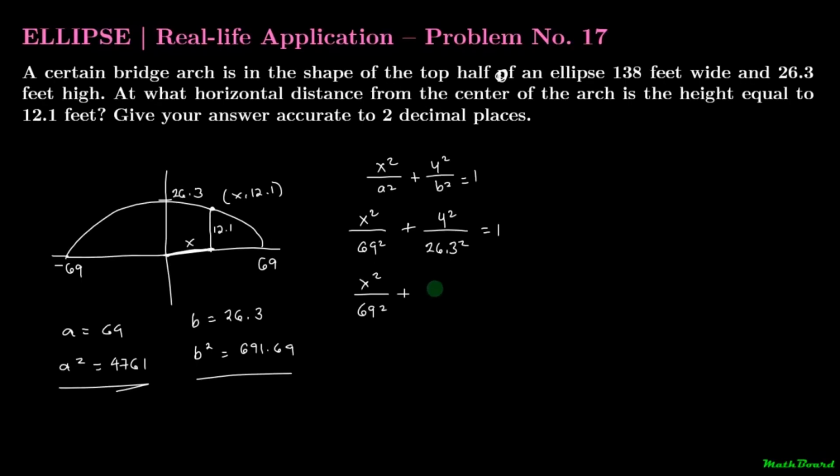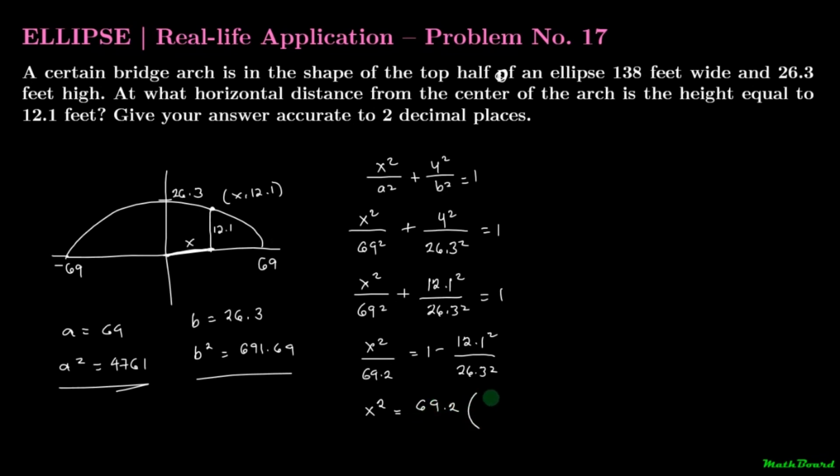Okay, so ang y natin 12.1. So, x squared over 69 squared plus 12.1 squared divided by 26.3 squared equals 1. I-transpose na natin yun. So, 1 minus 12.1 squared divided by 26.3 squared. Ngayon, pwede mo nang i-multiply yung 69 squared doon. Diretso natin para hindi tayo maraming sinusulat or maraming kinocompute.